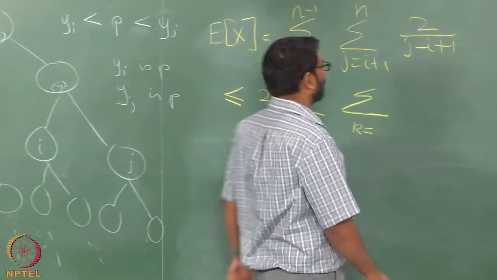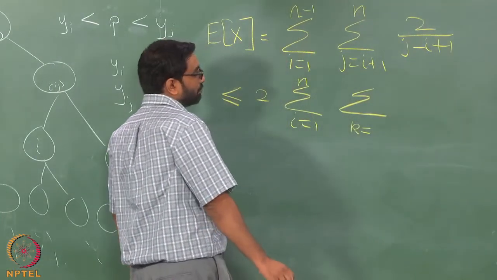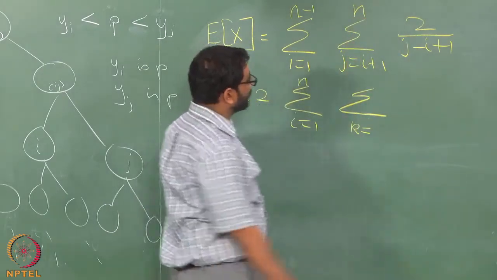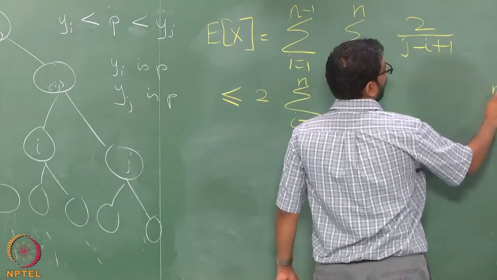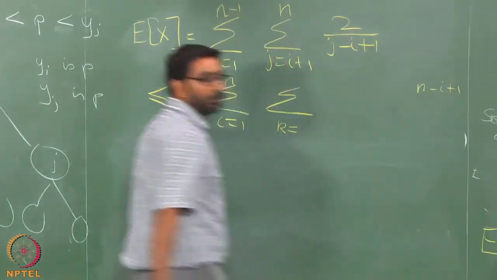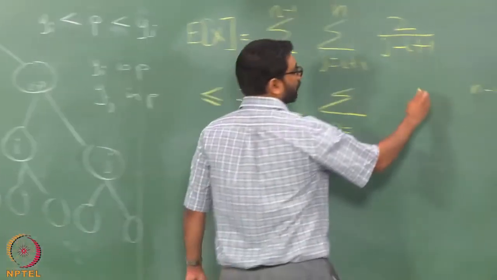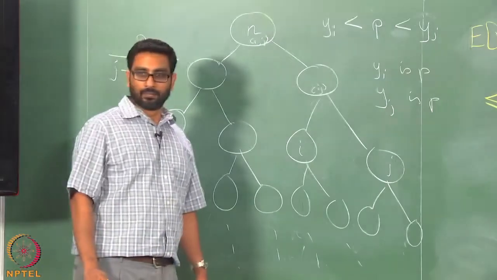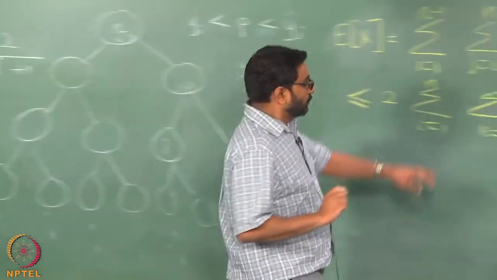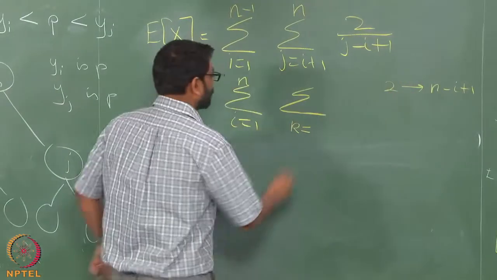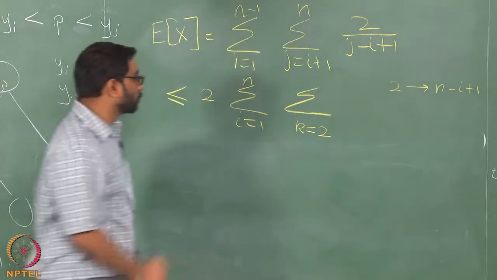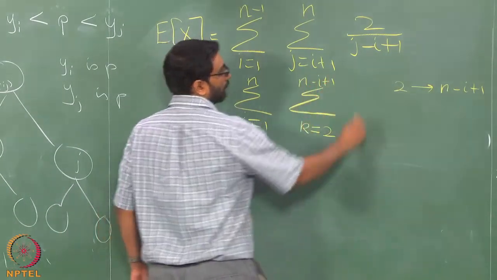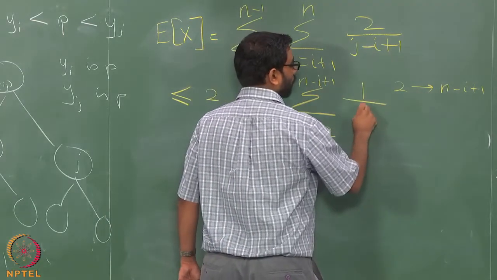The largest the denominator can be is when j equals n, in which case it is n minus i plus 1. So the denominator will run from 2 to n minus i plus 1, and we write it as 1 by k.